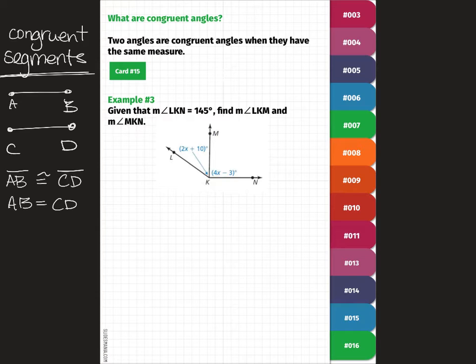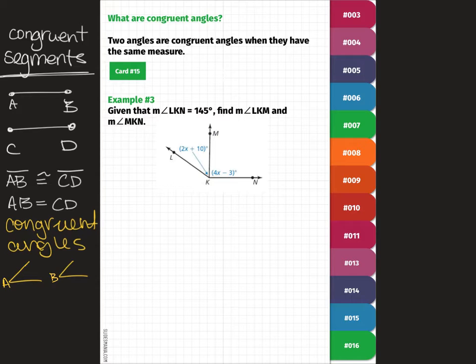Well, the same concept works for congruent angles. So if I'm talking about congruent angles, let's say I have this angle and this angle. We're going to call this one angle A and this one angle B, just so I can save myself some time.